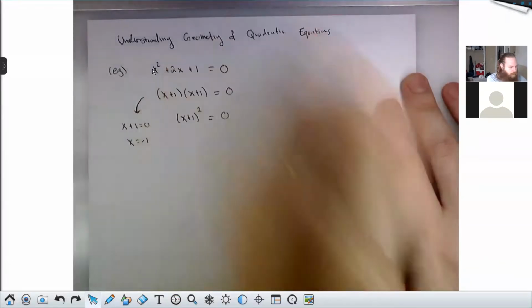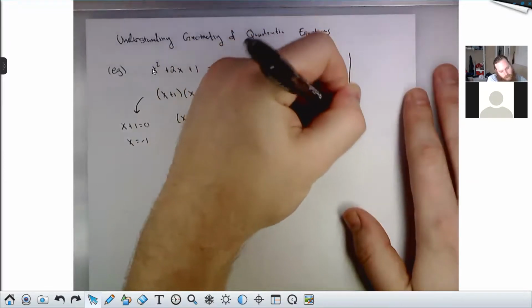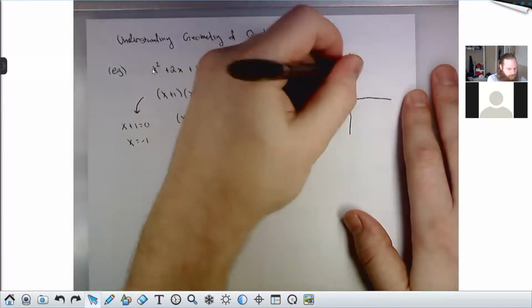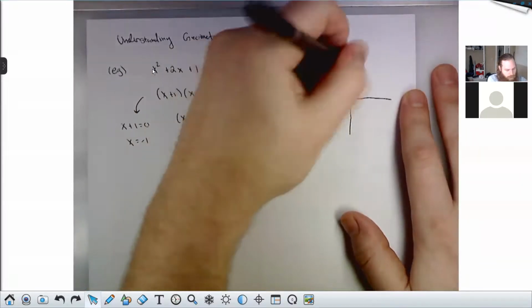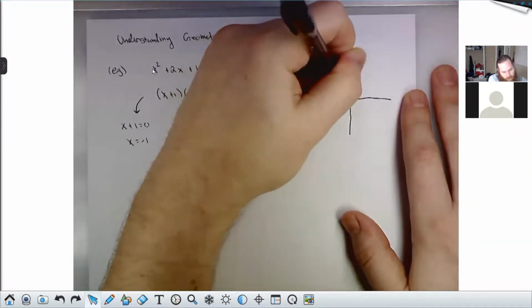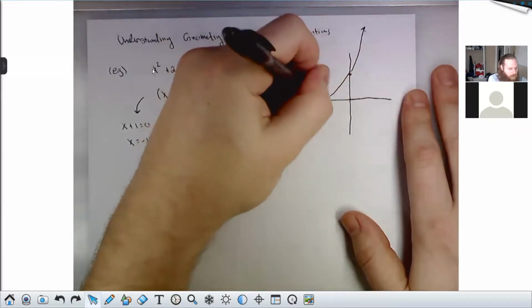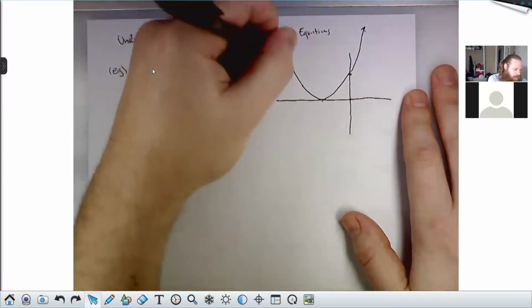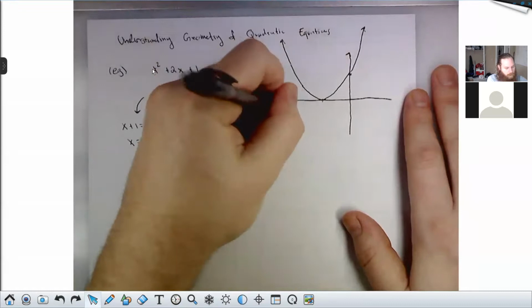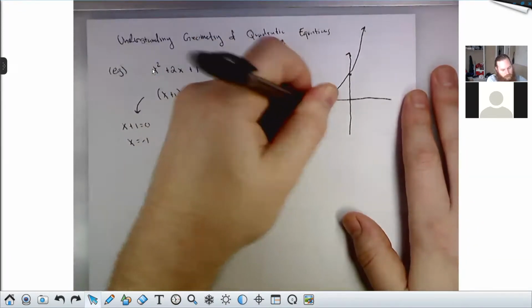And over here, I'm going to draw the graph of the relevant function for you. This is the graph y equals x squared plus 2x plus 1.